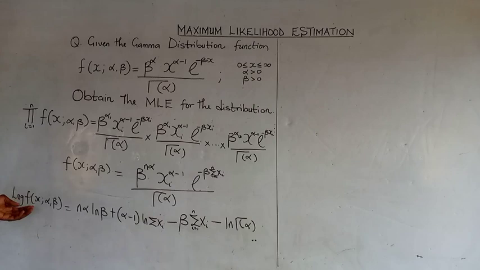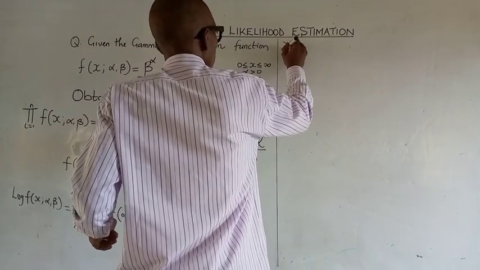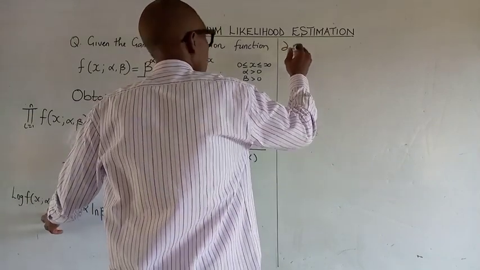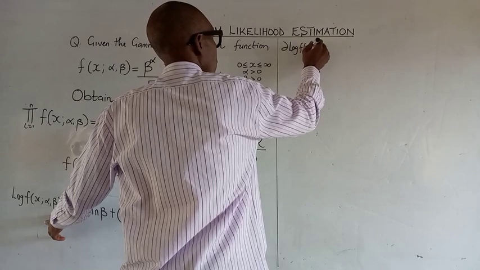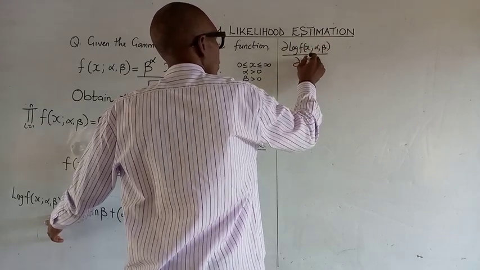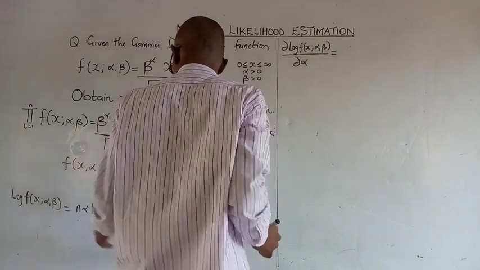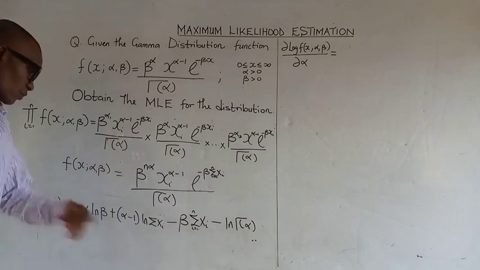The next thing we do is to differentiate with respect to alpha. So we differentiate this function with respect to alpha. Here there is no alpha, it turns to 0.